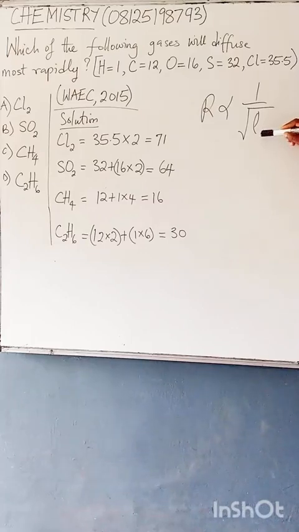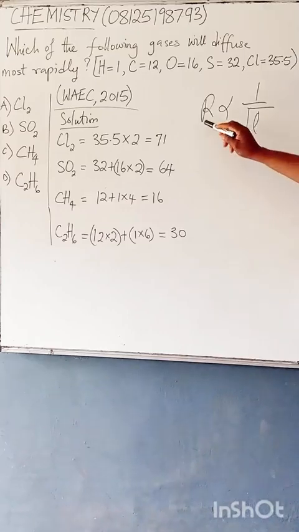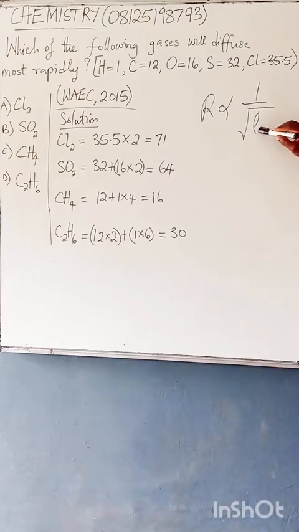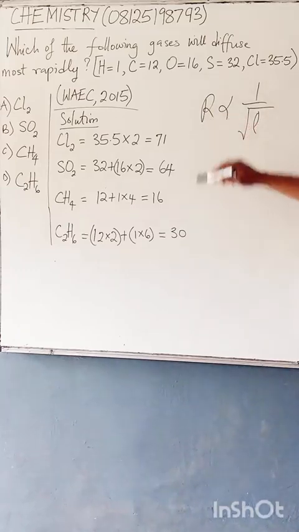What does that mean? It means that the heavier the gas, this is kind of an inverse proportionality. So the heavier the gas, the smaller the rate of diffusion. Do you understand? The lighter the gas, the faster the rate of diffusion, provided the temperature and pressure are kept constant.